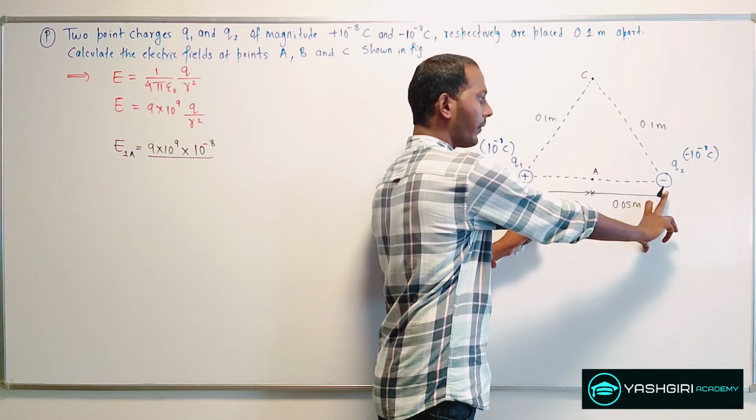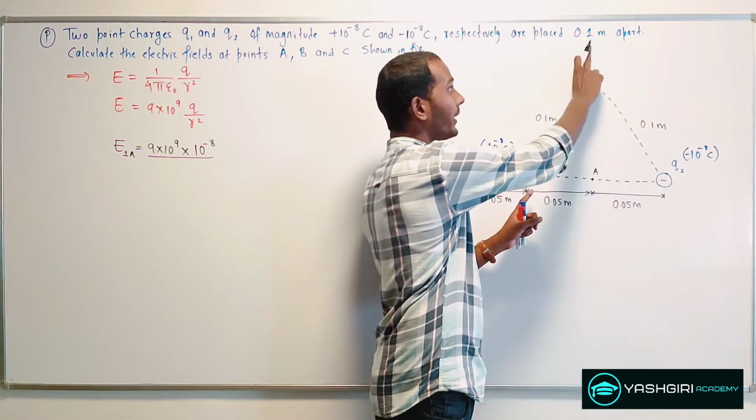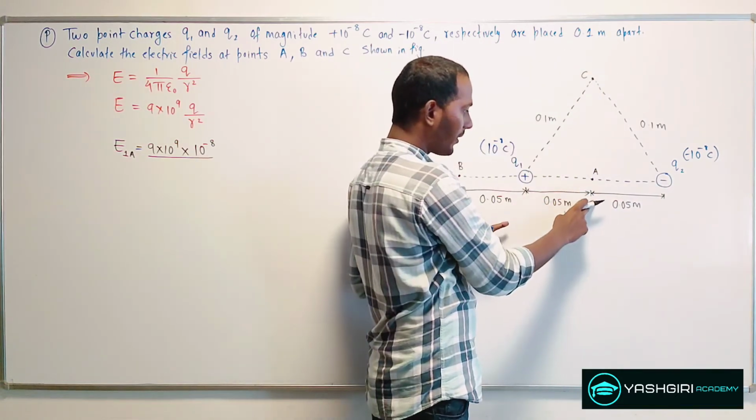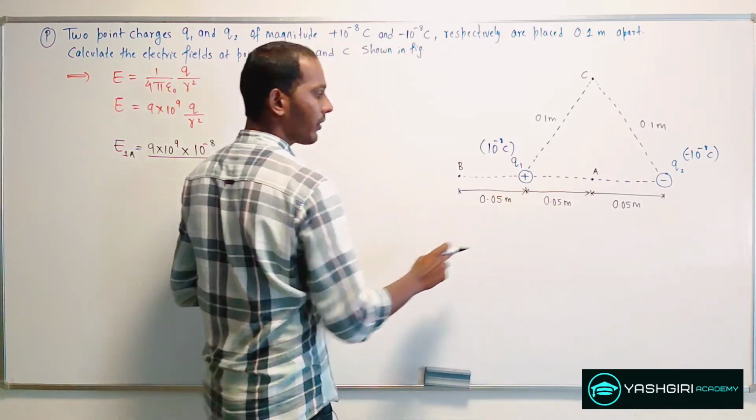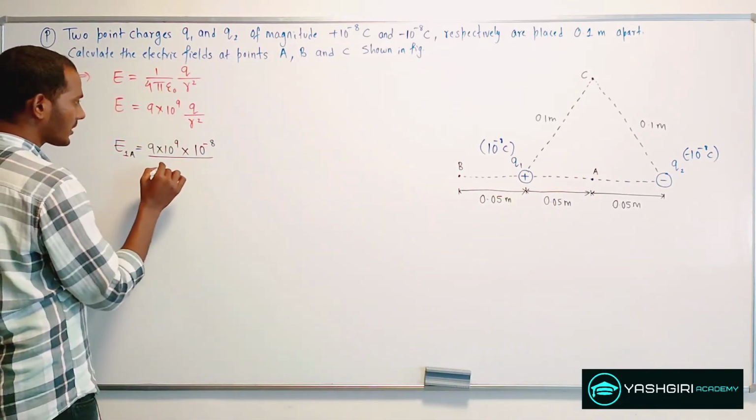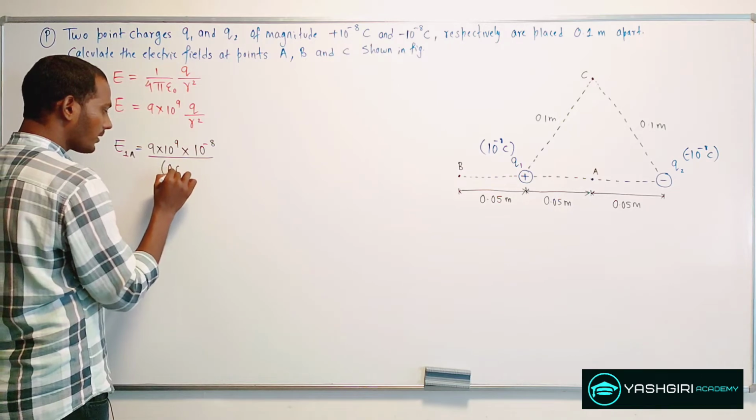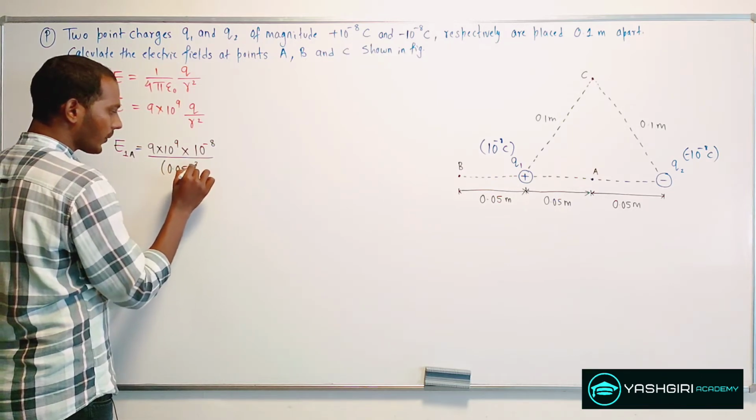The distance of separation between these two charges is 0.1 meters, and A is at the midpoint, so it will be half of that, 0.05 meters, squared.